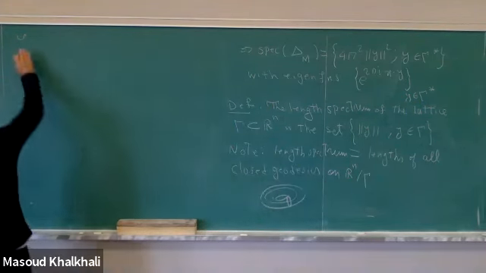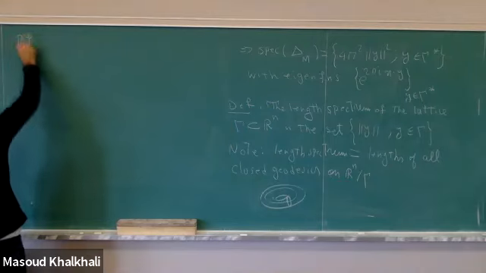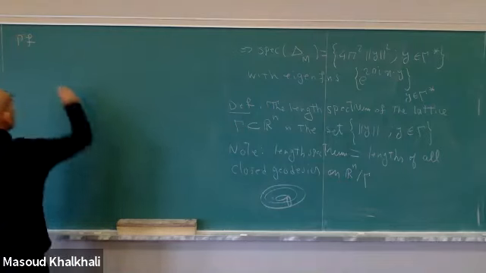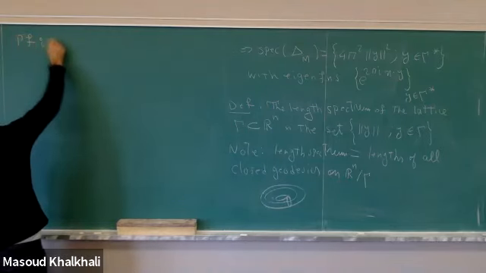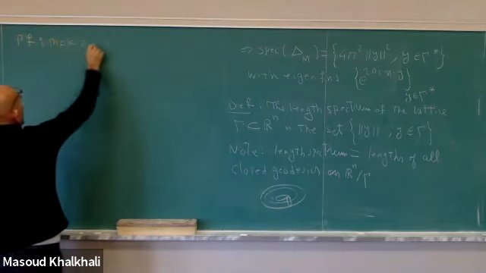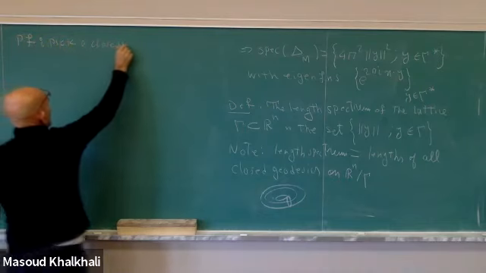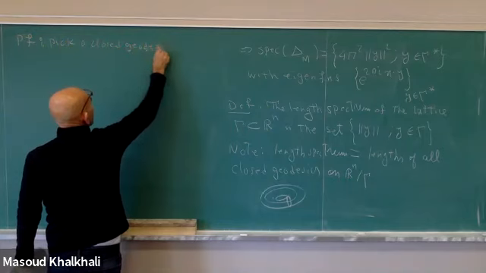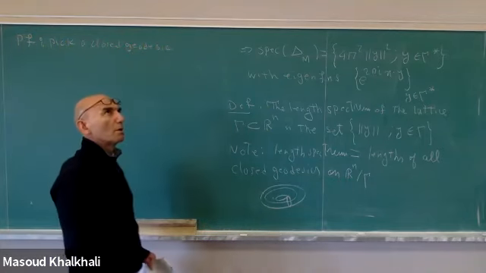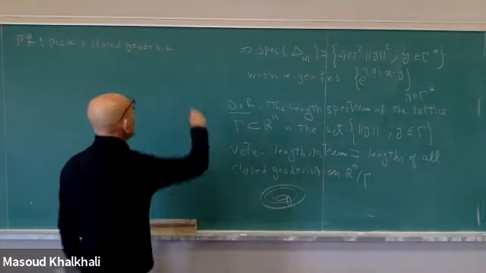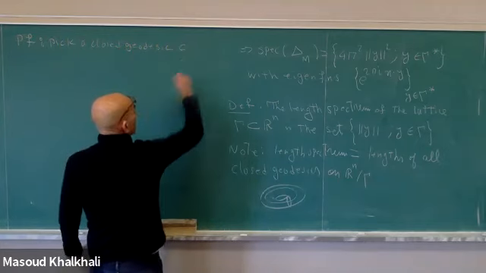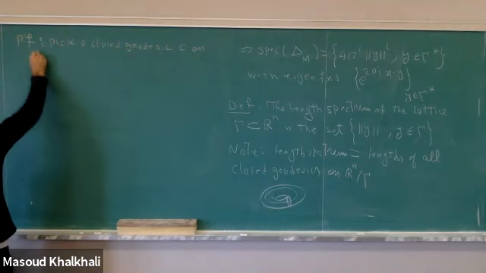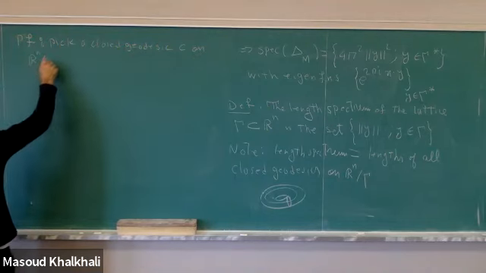So proof: pick a closed geodesic C on Rn mod gamma.